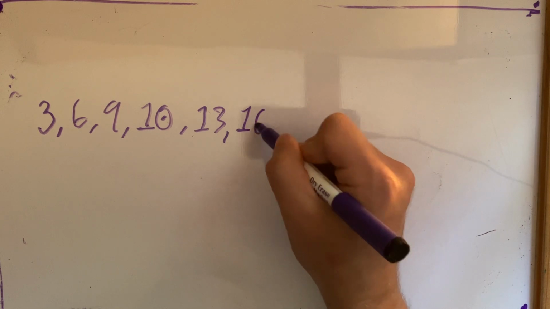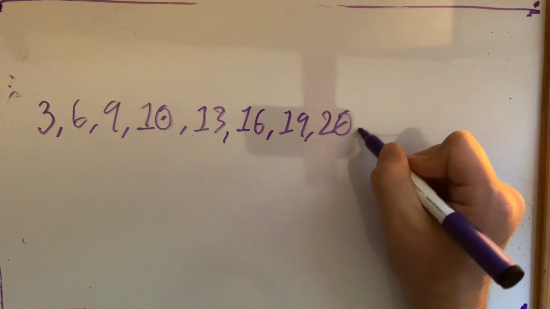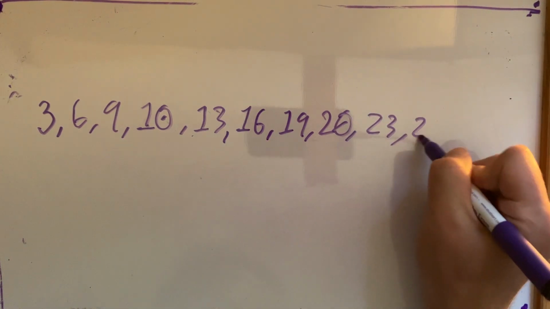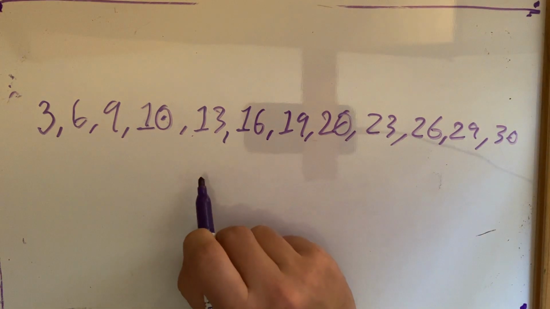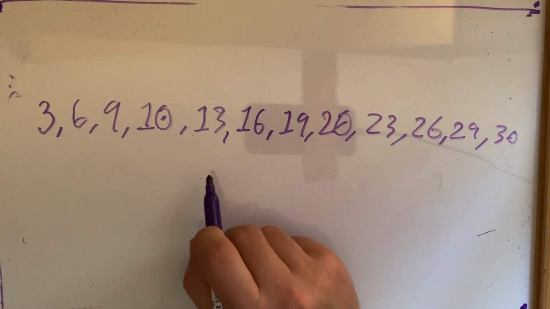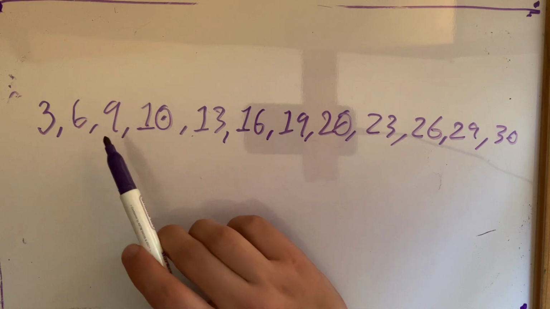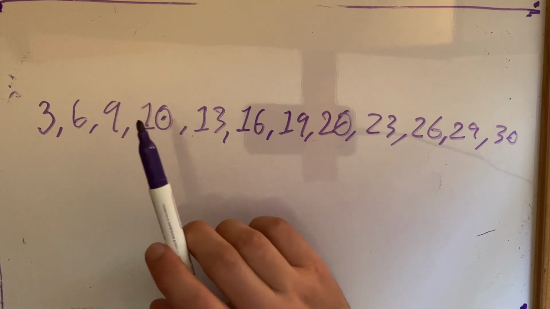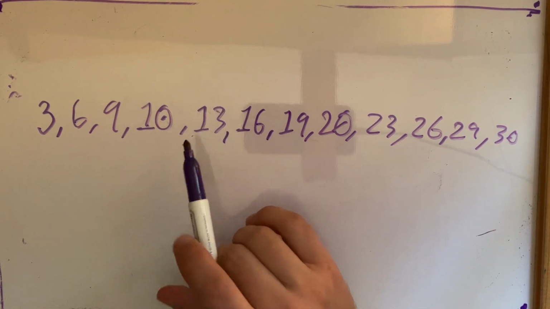So we get 16, 19, 20, 23, 26, 29, 30, and on and on. Look at how lovely that is. Any whole number ending in 0, 3, 6, or 9 will always be evenly divisible by 3.